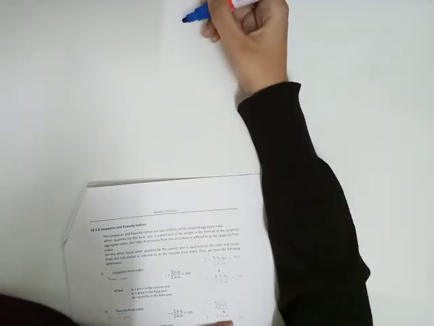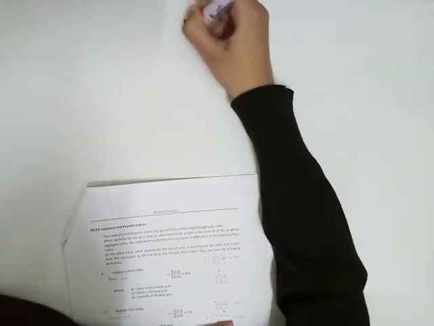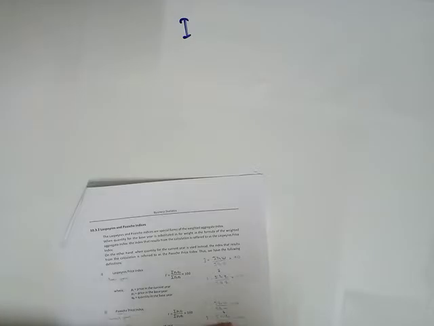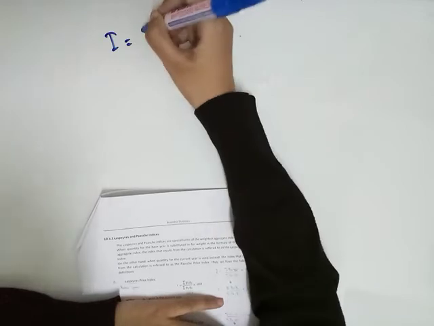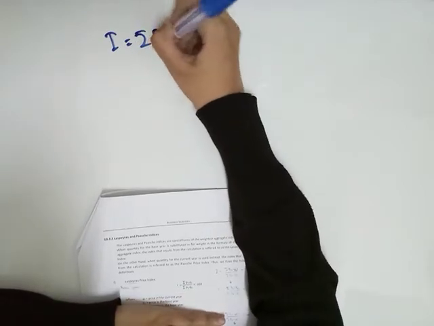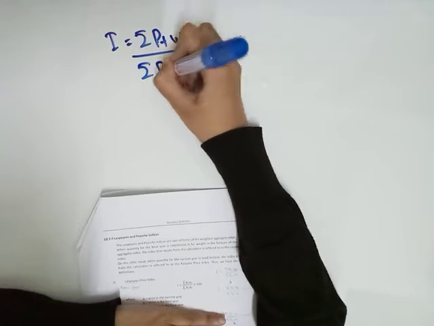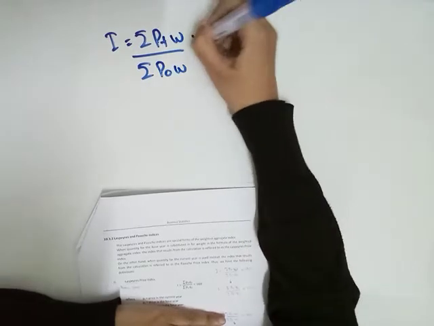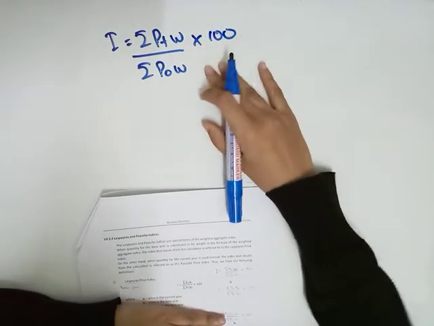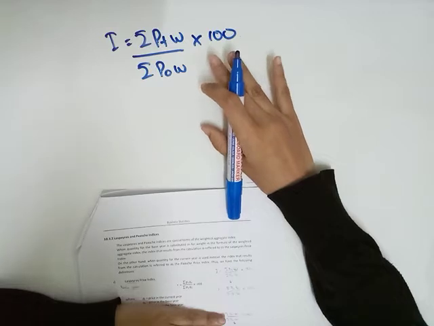It means, okay, kita ambil balik the formula from the weighted aggregate price index, which is I equals to total PT times weight divided by total P naught times weight multiply with 100. Okay, this one is a formula for weighted aggregate price index.